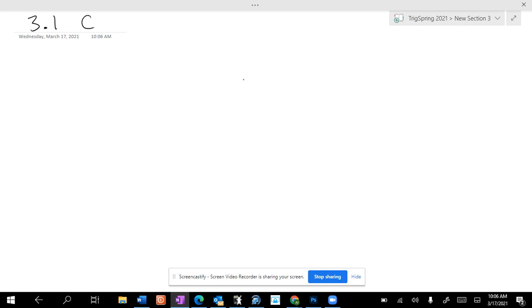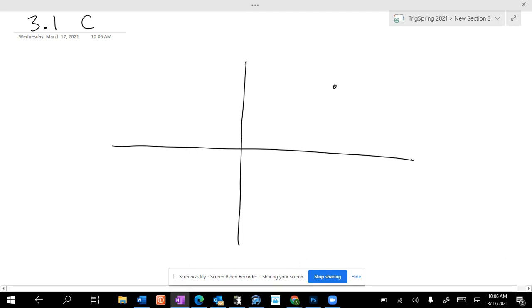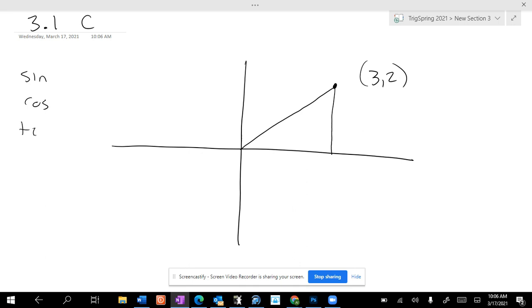All right. So, back earlier this year, if we had a point like (3, 2), we could draw a triangle and figure out what the sine, cosine, tangent, cosecant, secant, and cotangent were of that point.